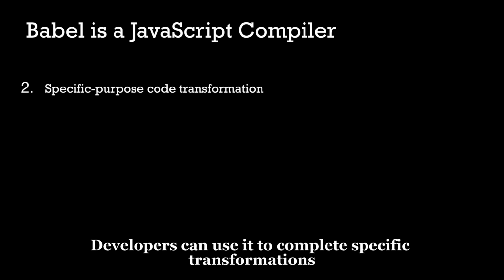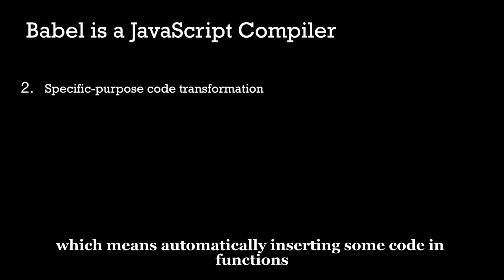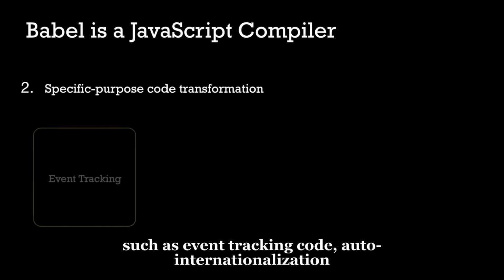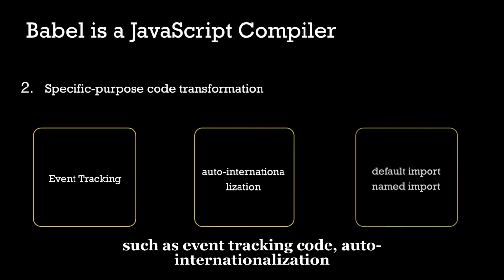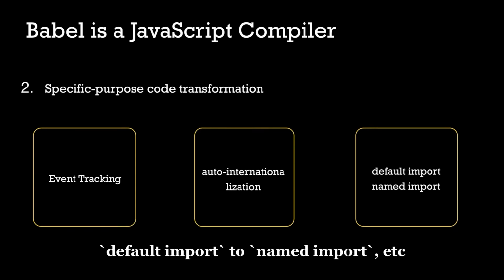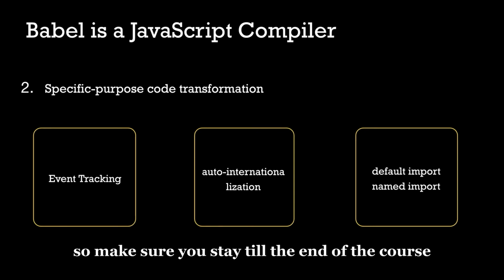Developers can use it to complete specific transformations, such as appending JS code into functions, which means automatically inserting some code in functions, such as event tracking code, auto-internationalization, default import to named import, etc. These functions will be covered in the later chapters on real case studies, so make sure you stay till the end of the course.